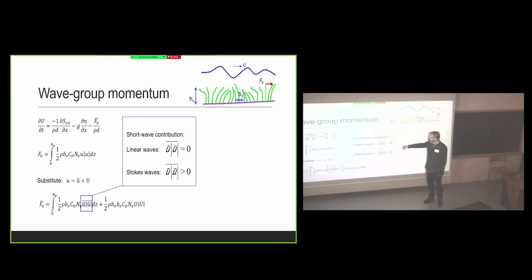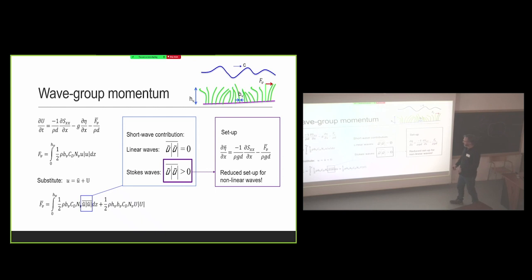If you have linear waves, where the overbar is the time average, then you expect that net contribution is 0. But if you have nonlinear waves, like Stokes waves, then that is not zero. So the shape of the waves affects the forces that are exerted, time averaged, on the vegetation and vice versa on the water.